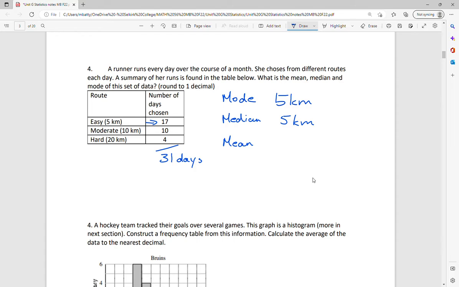The mean, again, it's 17 days times the 5, and 10 days times the 10 kilometers, and 4 days running 20 kilometers divided by the total number of days that she ran. And so the average to 1 decimal, it tells me that, is 8.5 kilometers.